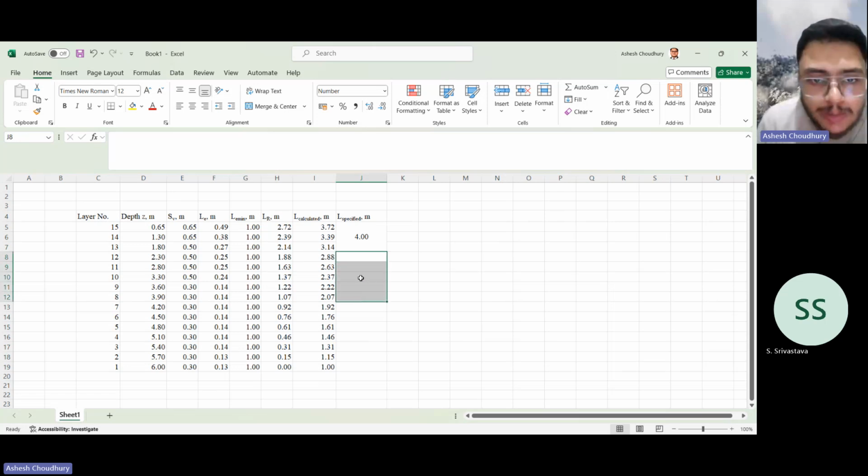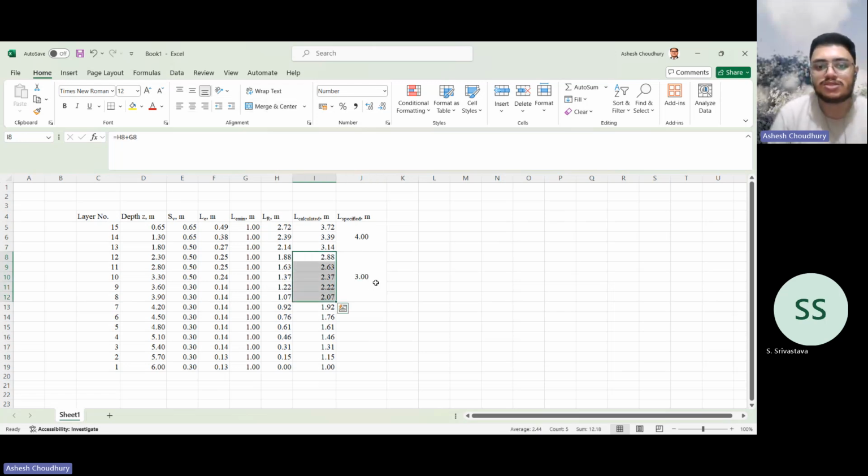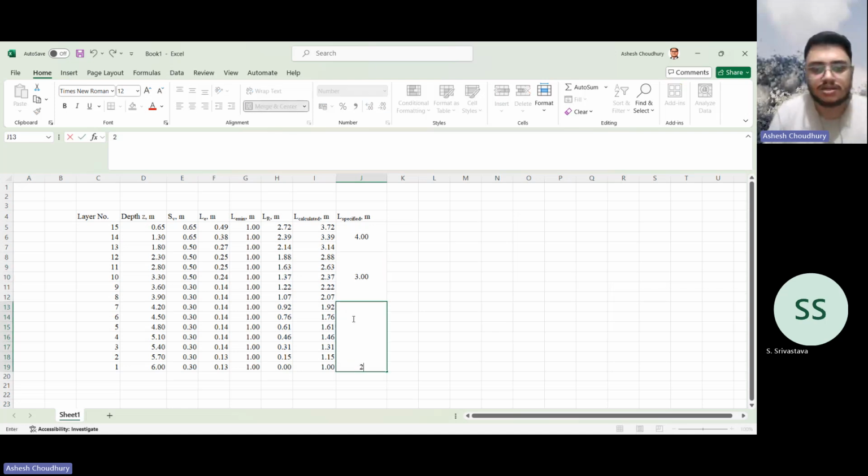The next from here to here, say how much? 2.7, right? Here we can provide 3 meter. All are larger than these values, so we can provide 3 meters, and the rest we can provide 2 meter length.